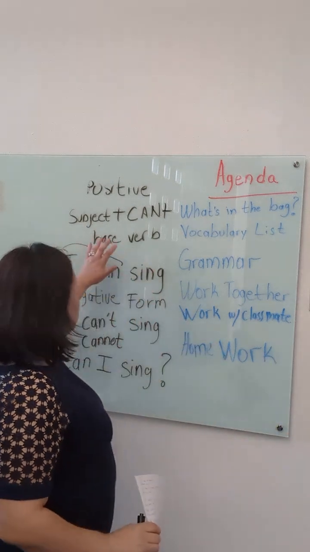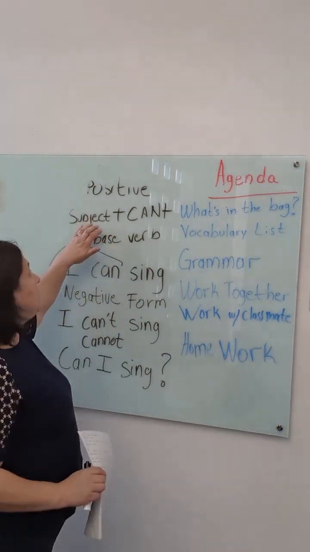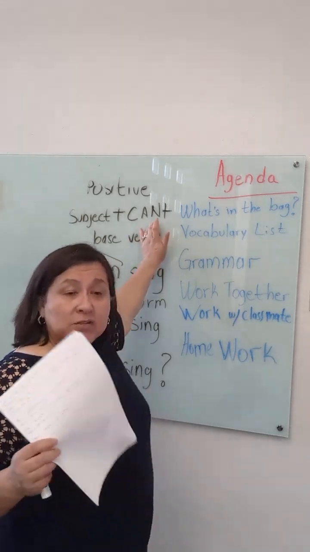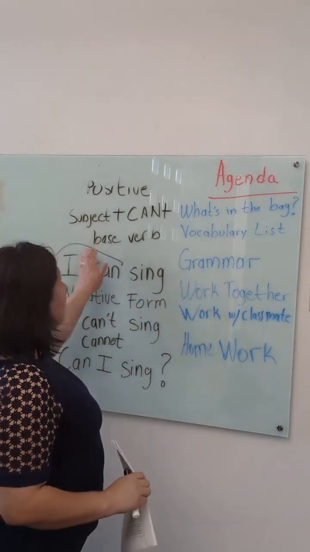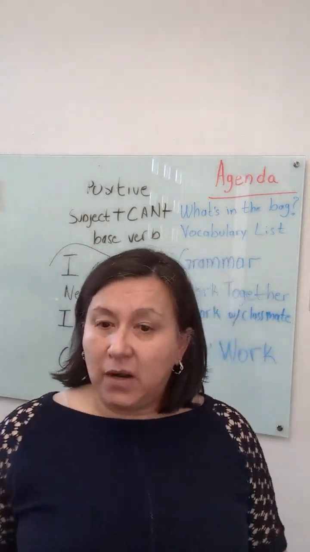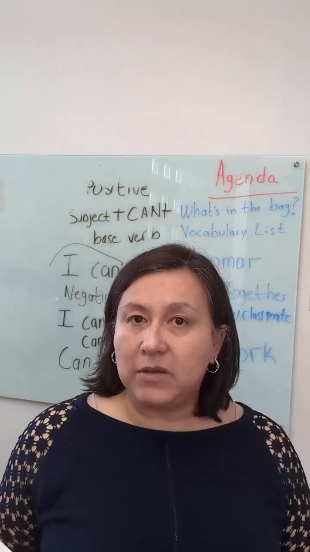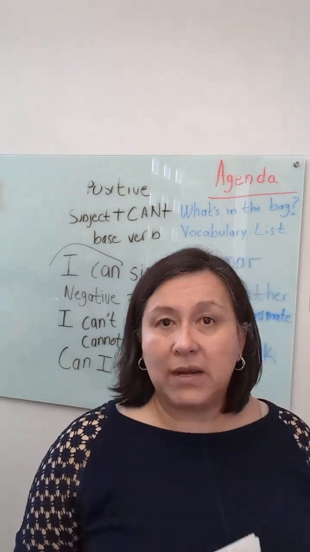Now, if you see here, we can use any of our list of subjects plus the verb that we're learning, which lets us know that we have the ability to do something, and then we have a base verb. The base verbs are what I gave you on the vocabulary list that you can use today for this class, okay?